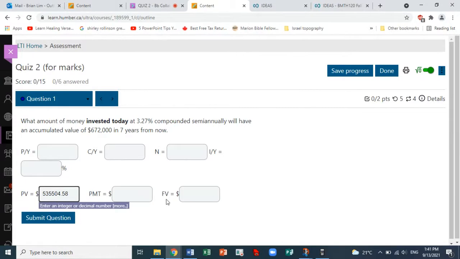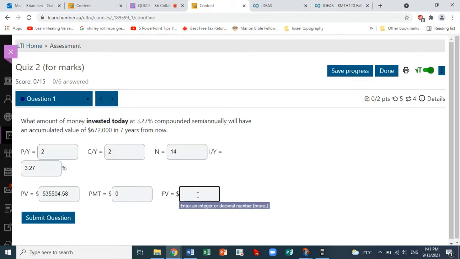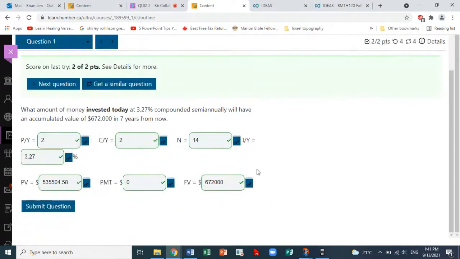It doesn't matter if you put positive or negative. PY we know is 2, CY is 2, N is 14, the interest is 3.27, payment is 0, and future value is 672,000. We submit the question and we are correct. So that is question number 1.